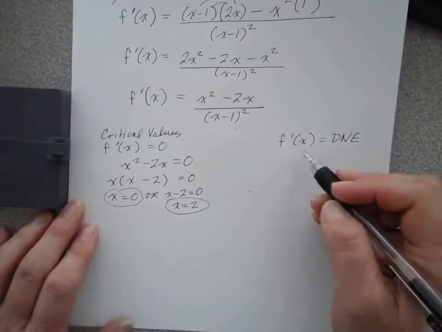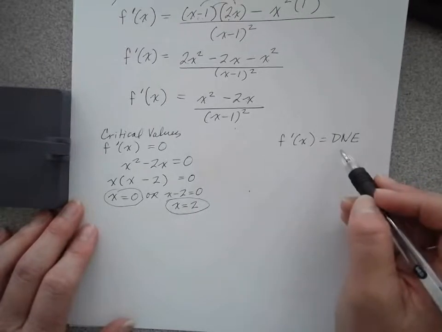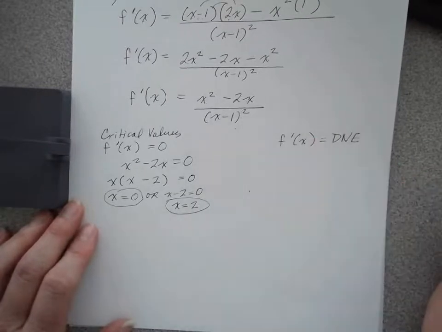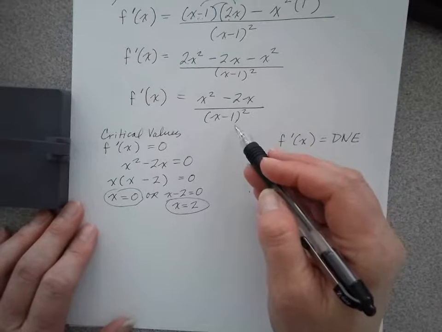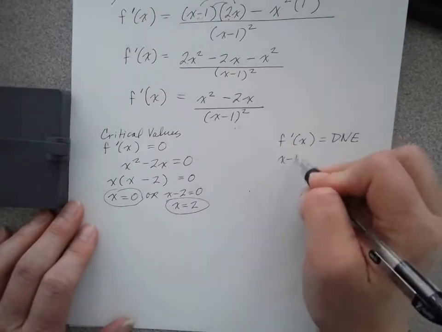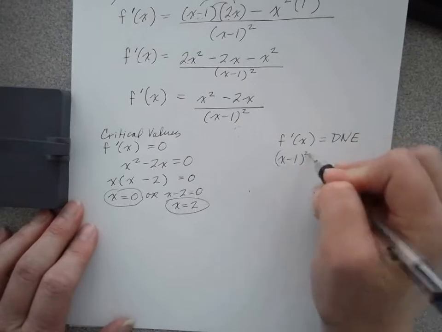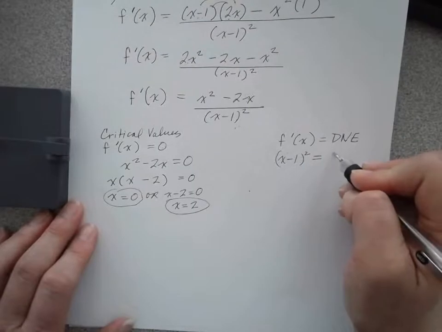And then we also want to look at, is there anywhere where the first derivative does not exist? Good. It can't exist where the denominator is equal to 0. Okay, so we're going to take the denominator, x minus 1 squared, and we don't want that to equal 0.